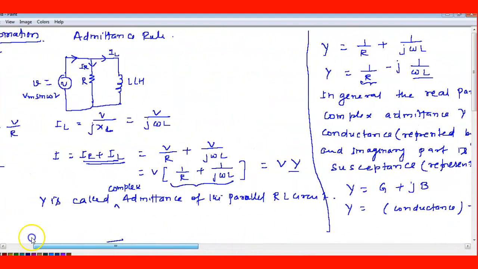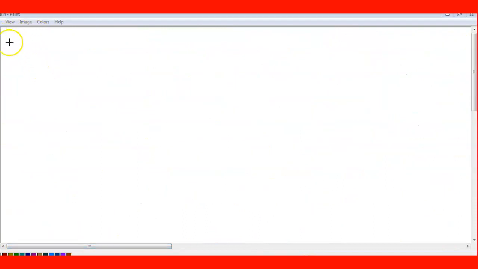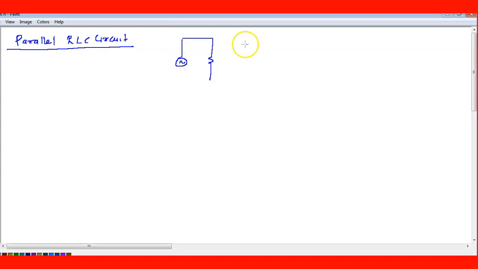So now we'll discuss the parallel RLC circuit. Series we have already finished in the last class. Here this is the power supply, this is the resistance, this is L, and this is the capacitor.